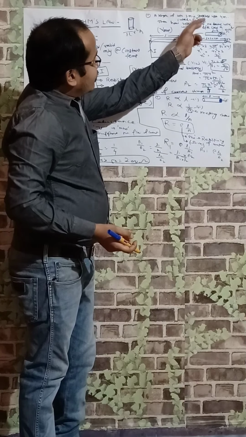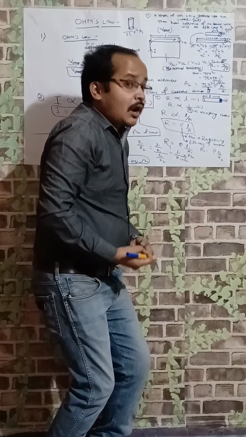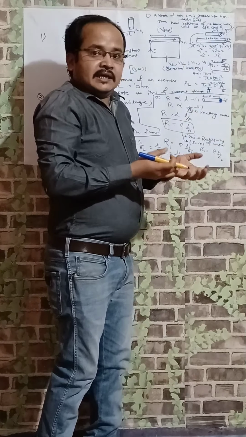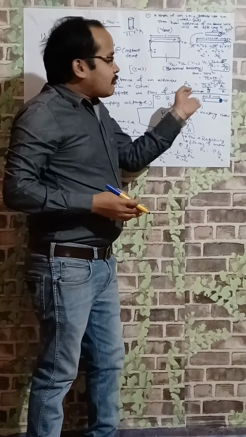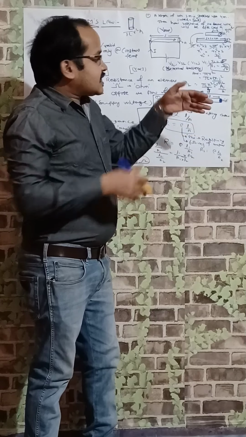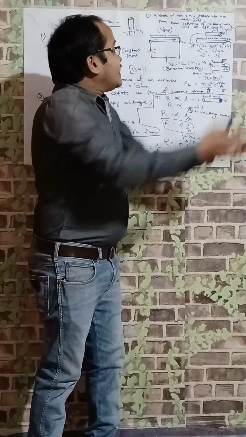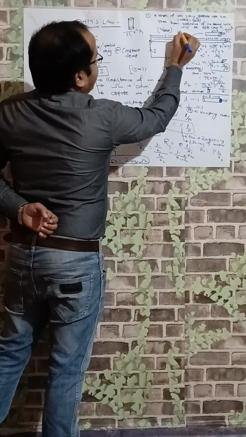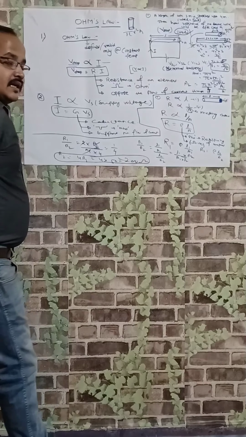But simultaneously, the area of cross section is also going to decrease, so resistance will increase even more. So here it is not 100 ohm. 100 ohm is the wrong answer. Actually 200 ohm is the right answer.